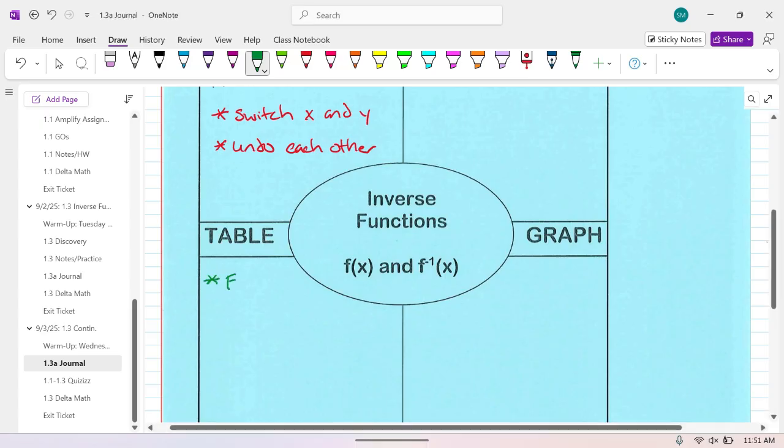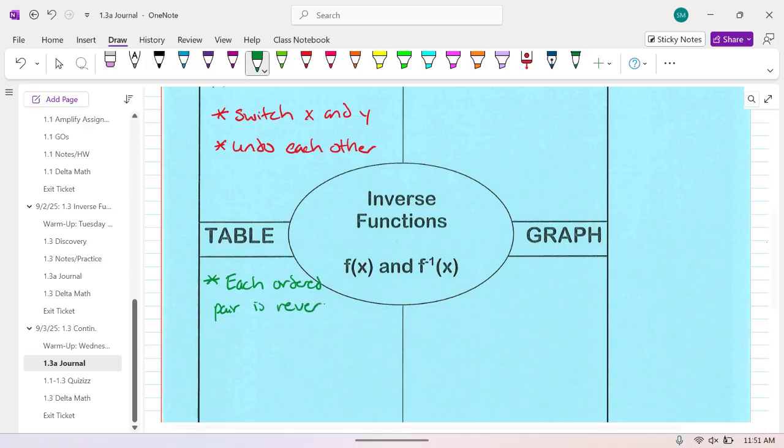So with a table, it just means that each ordered pair is reversed. Meaning, if you start with xy, your inverse will be yx.